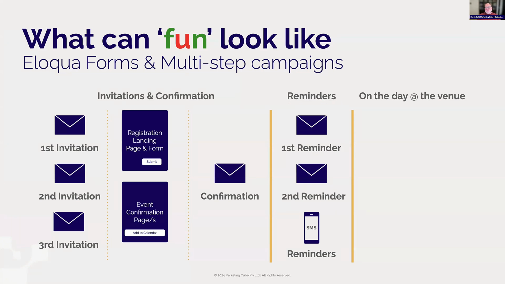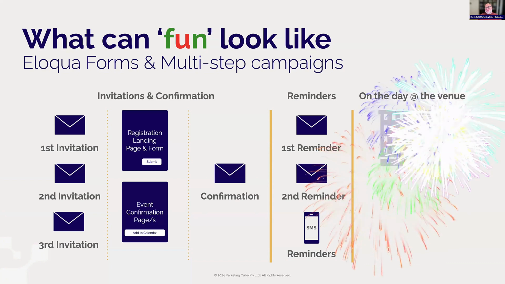And of course, you might want to mix up a little bit of SMS, text messaging, in there for people as well. There are other options too, I suppose, that you can activate from the campaign canvas. WhatsApp is one that you can activate from the campaign canvas as well. So depending on the type of comms that you've got and the information you've got about people, that's another way to do it.